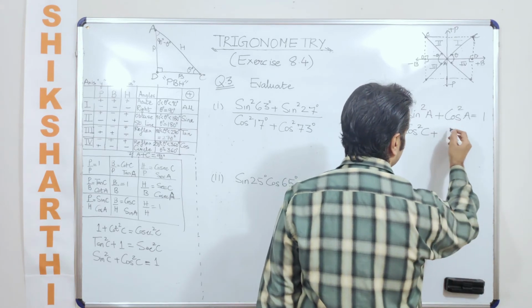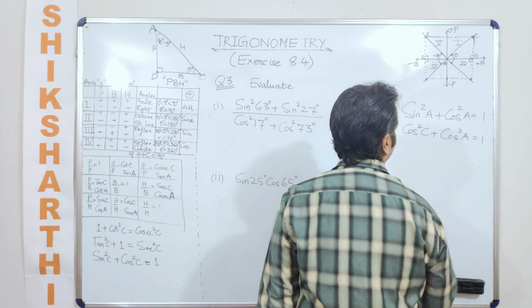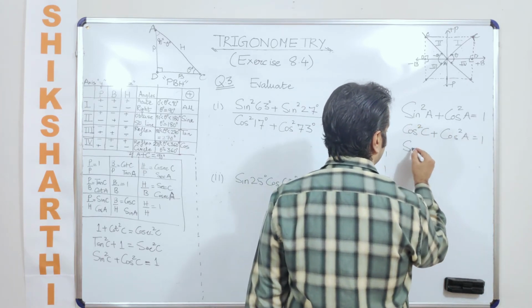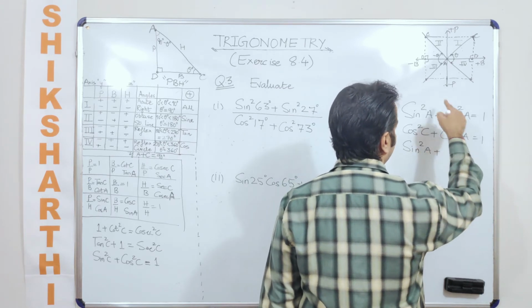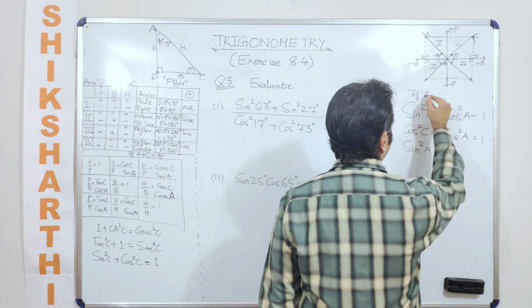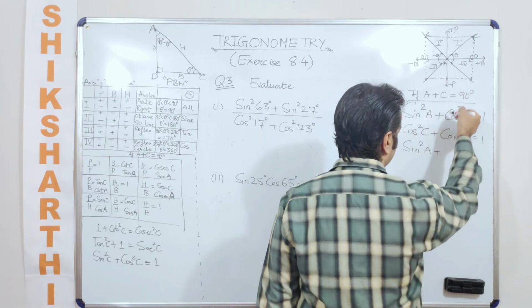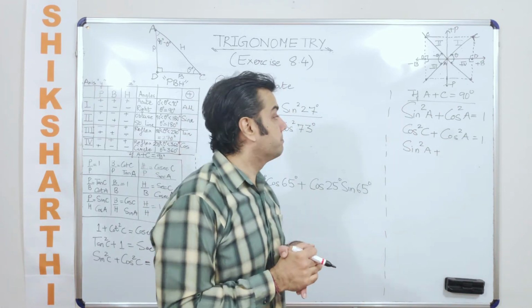So here I am keeping this as constant. Now I keep this as a constant, and then I vary this, and I know that if a plus c is equal to 90 degrees, it is then only that I can use these trigonometric identities in the way in which I am maneuvering it.